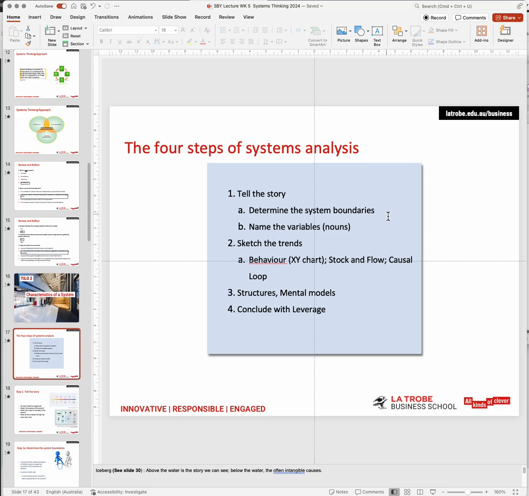And then the second part of this first part is to name the variables. The variables are the names of things. If you're looking at the variables in food production, you'd be naming the parts of the system that are causing problems. So let's look at the use of nitrogen-based fertilizers. That's a variable.